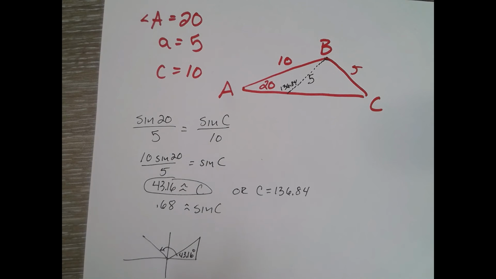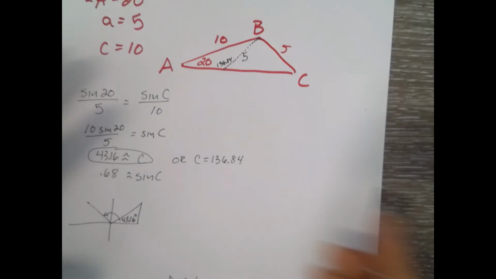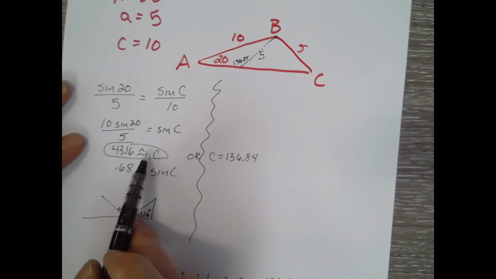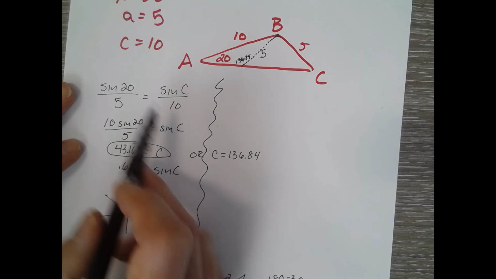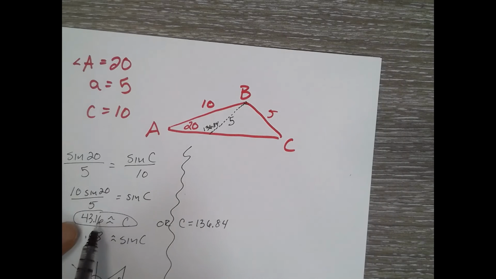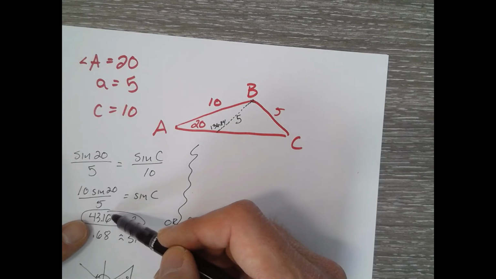So how do you answer the question? We're going to keep going on this side as if C is 43.16 and finish the whole triangle. If that's 43.16, the angle B would be 180 minus 43.16 minus 20.